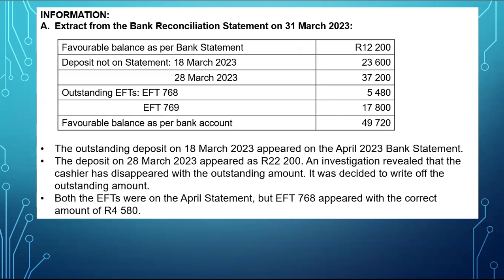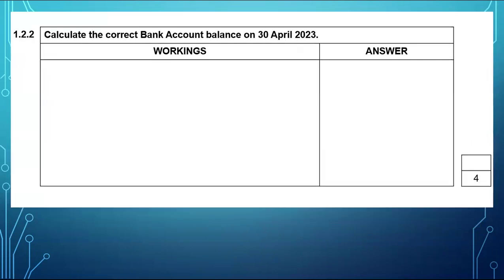It was 49,720. As a matter of fact, I can use that because I noticed that they wanted us to prepare the balance in the bank account. So I am going to put that in the bank account. I prefer to work with the general ledger account.